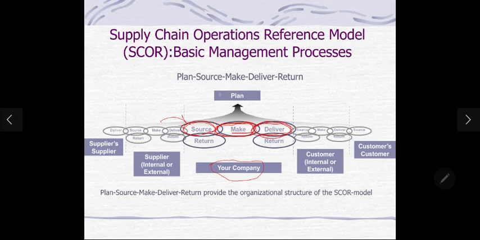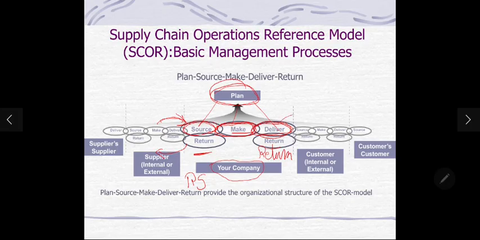And then you need to do some planning for each of these steps. You're planning the source, you're planning the make, you're planning the deliver. That's the meaning of planning here. You prepare for them. And then you may do a return. But there are two sides of the return. You may receive some input and find that this input is not good and you return it back. So this is the return sourced item. Return what you bought.